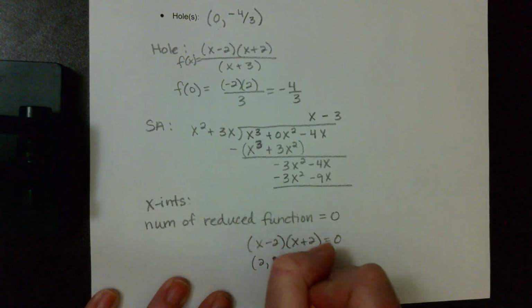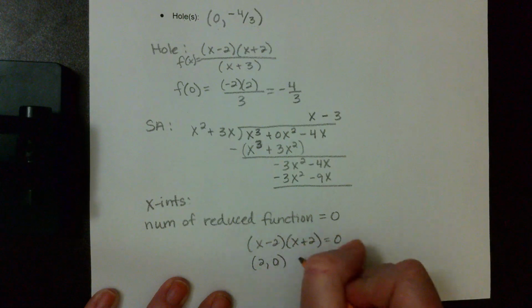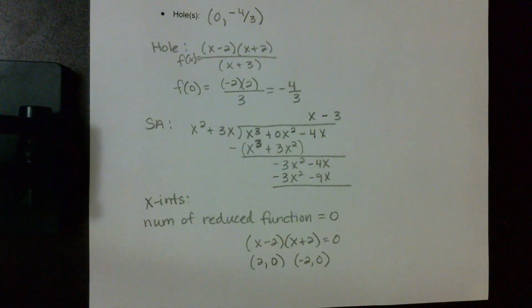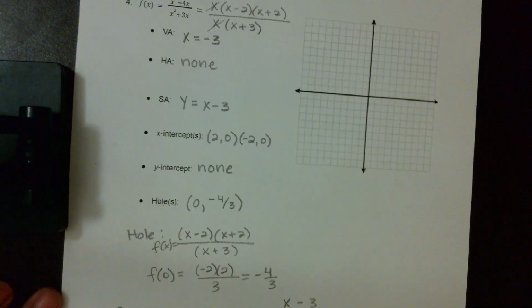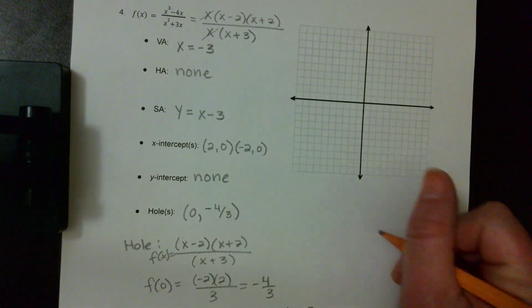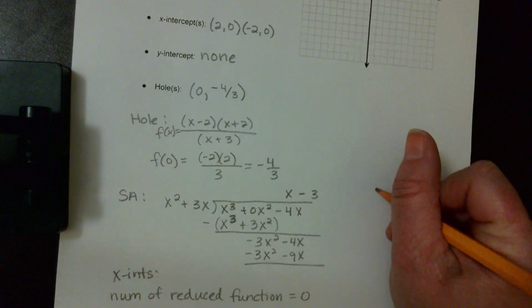That gives me 2, 0, and negative 2, 0 as my points. Okay, the same way I found with mental math. Okay, so looking at this, I'm going to again make a table.